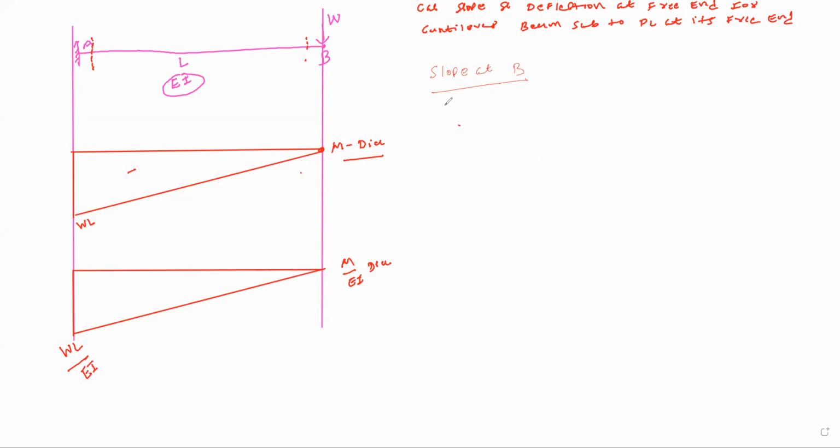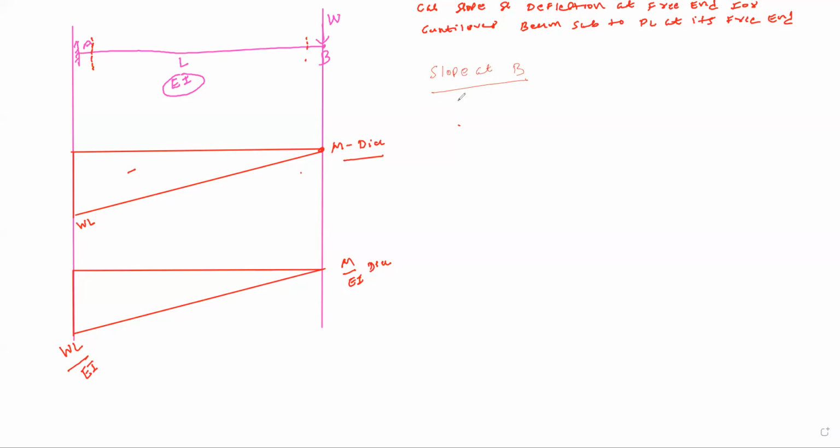No, it is not required to calculate MX. Just read the statement. To calculate slope between 2 points, we need to calculate the area of the M by EI diagram between those 2 points. Yes or no? Everybody with me?